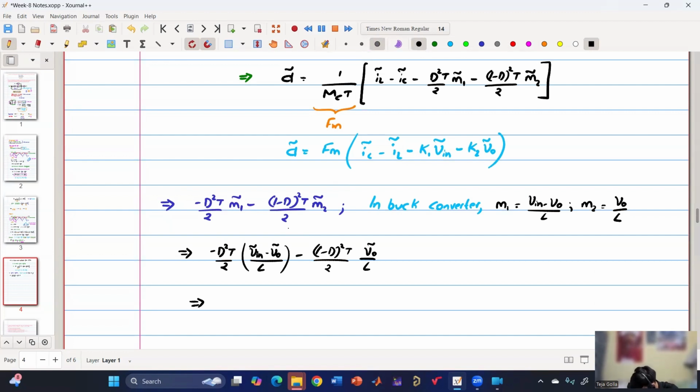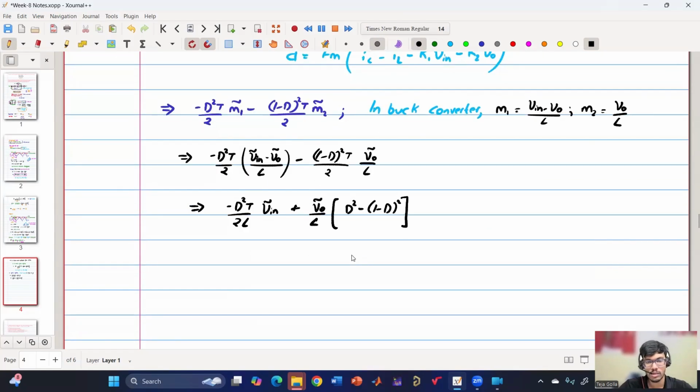So my v in perturb coefficient will be minus d square t by 2l into v in perturb, and if I take v naught perturb by l common, then I'll get d square minus 1 minus d whole square. Right. So if we simplify this, what we'll be getting? We'll be getting 2d minus 1, right?